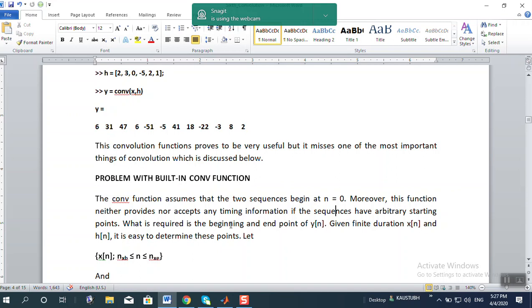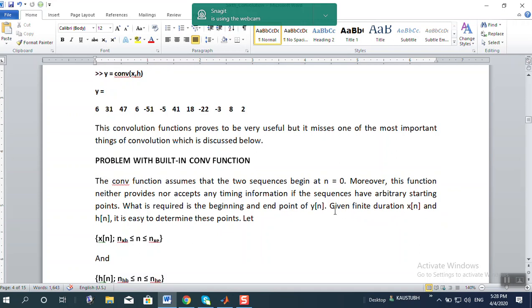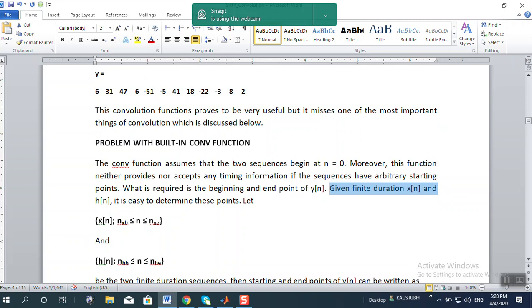What is required is the beginning and end point of y(n). As I mentioned, the beginning of y(n) is the starting point of x(n) plus the starting point of h(n). That will not be provided by this conv function. For a given finite duration x(n) and h(n), it is easy to determine the points.